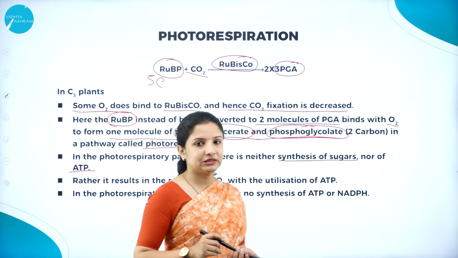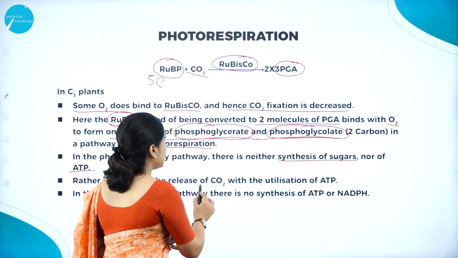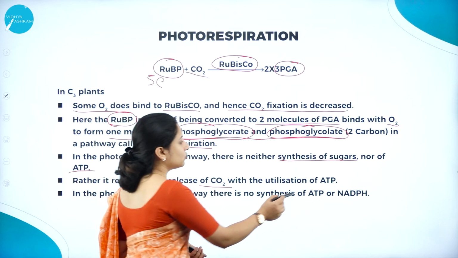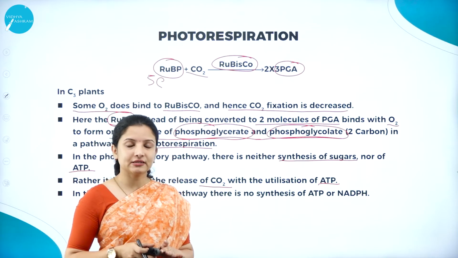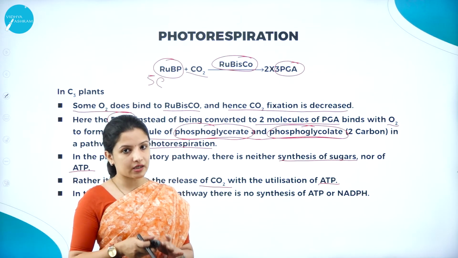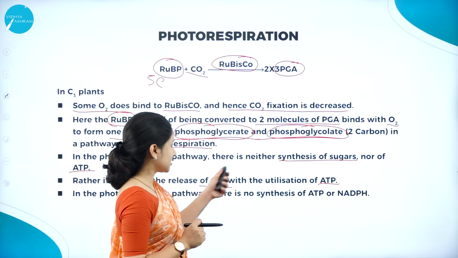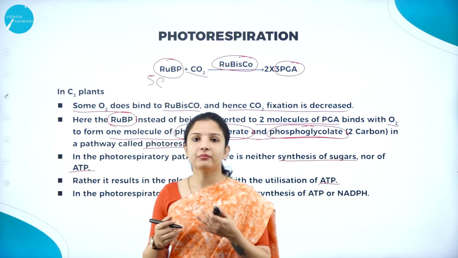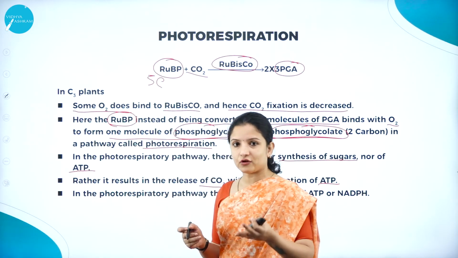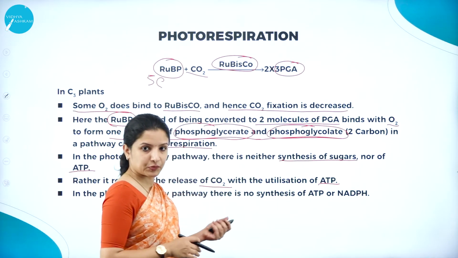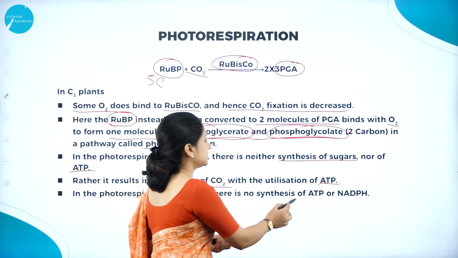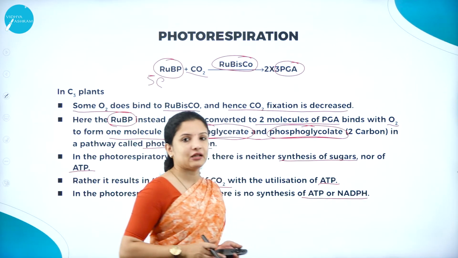But what happens in this case is there will be release of carbon dioxide with the utilization of ATP. Carbon dioxide gets released, that is, decarboxylation will occur instead. So carbon dioxide will get released by making use of adenosine triphosphate, and in this photorespiratory pathway, there is no synthesis of ATP or NADPH.